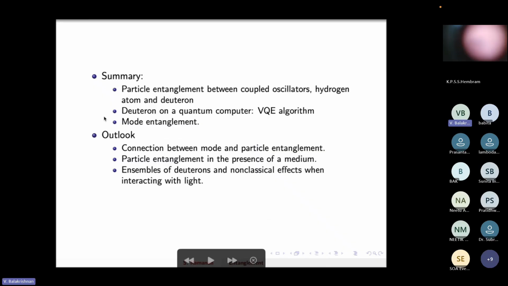So to summarize, we were looking at particle entanglement between coupled oscillators and the hydrogen atom, and we see that it was important to localize the oscillator center of mass momentum. For the deuteron, we looked at solving it both in momentum space as well as in the oscillator basis.